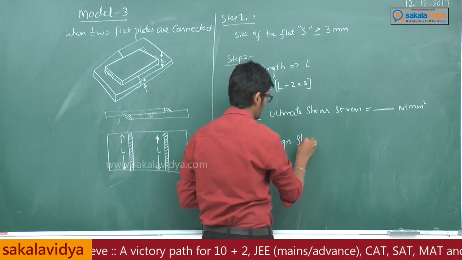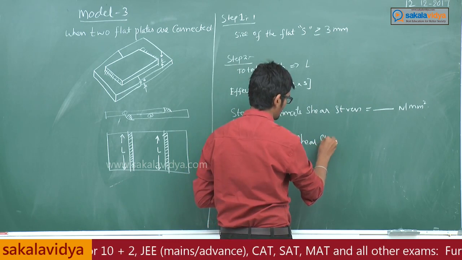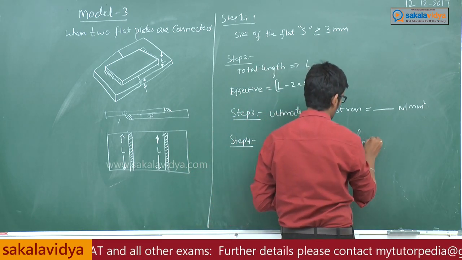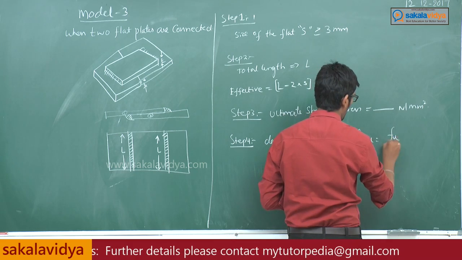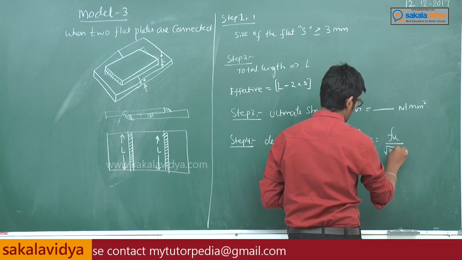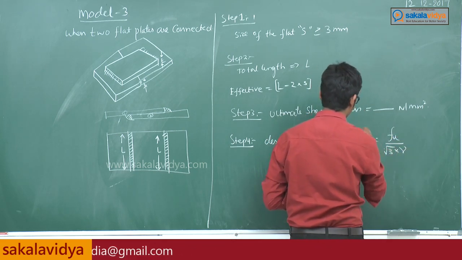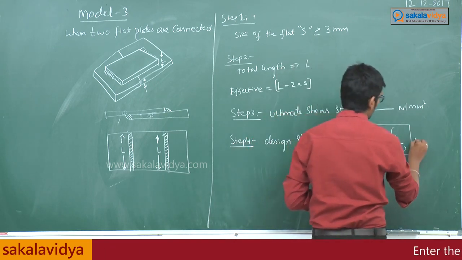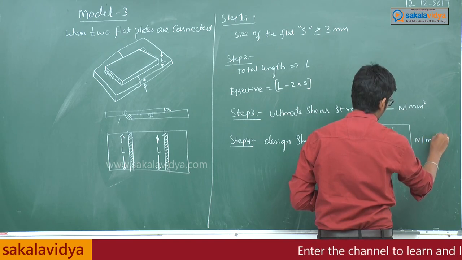Design shear stress, that is F suffix WD, is equal to Fu by root 3 into partial safety factor. Units are Newton per mm square.